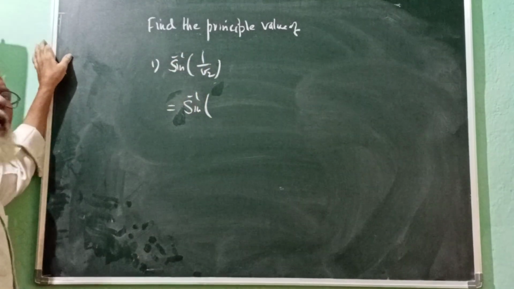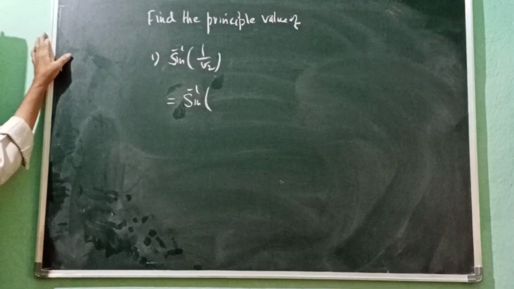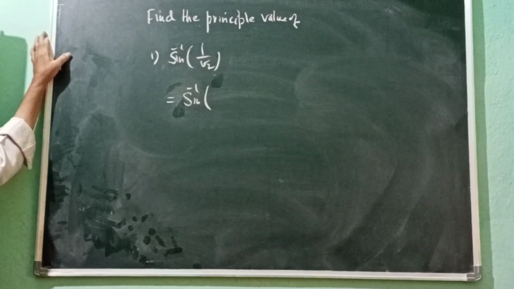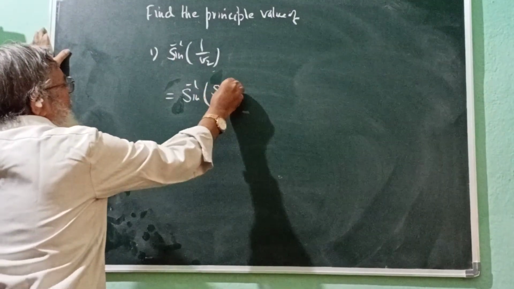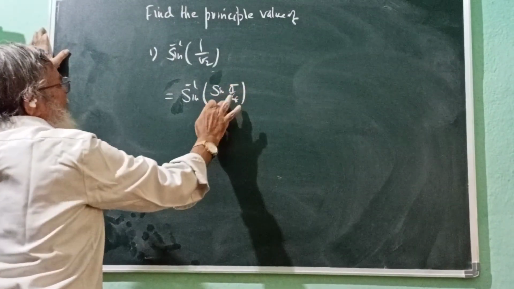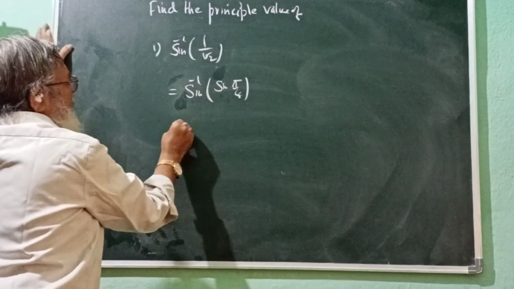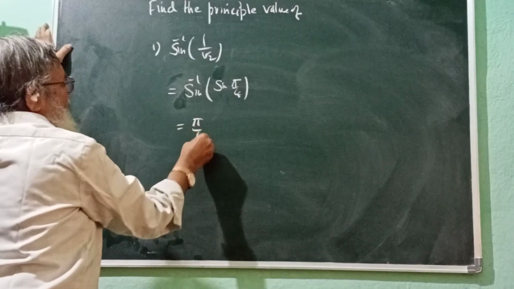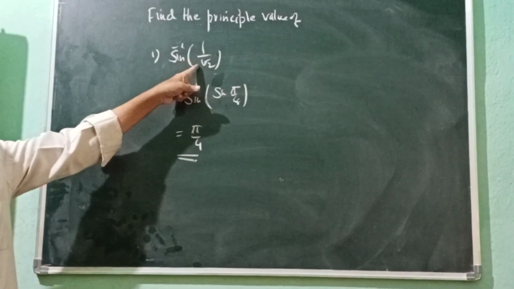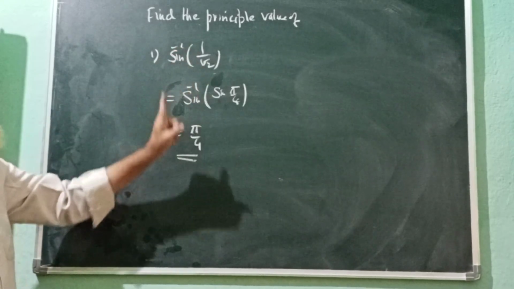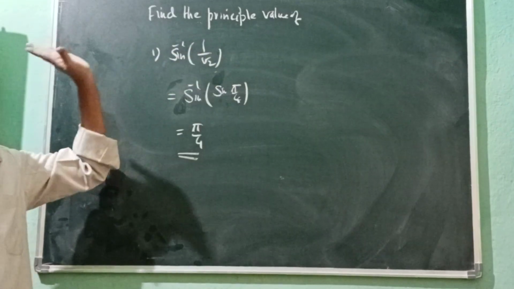What is the value of 1 by root 2 in terms of sin? If you remember, sin 45 is equal to 1 by root 2. So 1 by root 2 can be written as sin pi by 4, because sin 45 is 1 by root 2. Now sin and sin inverse cancel each other. The answer is pi by 4. And directly, if you remember this value, you can write sin inverse 1 by root 2 is equal to pi by 4, because sin pi by 4 is equal to 1 by root 2.